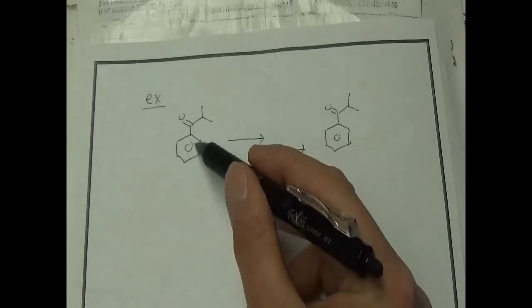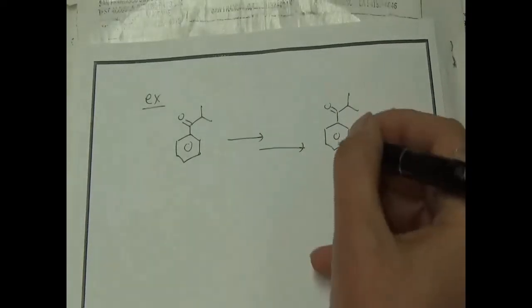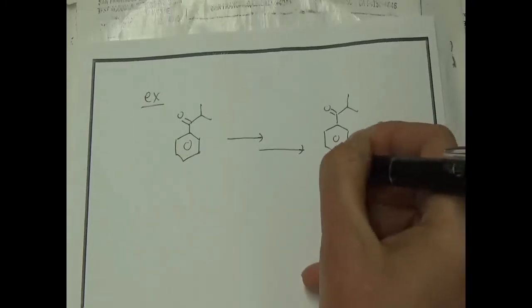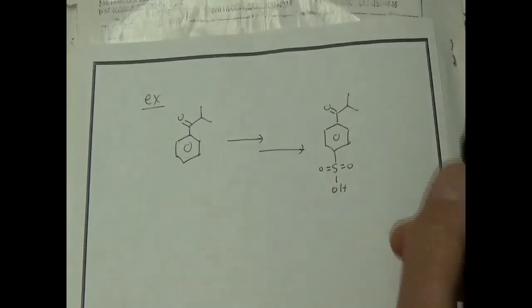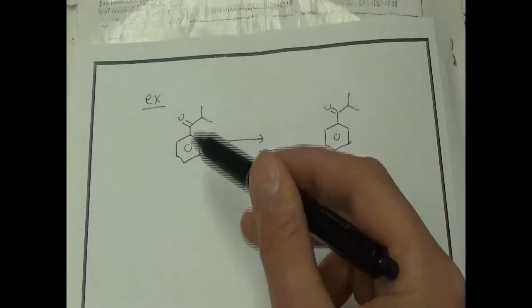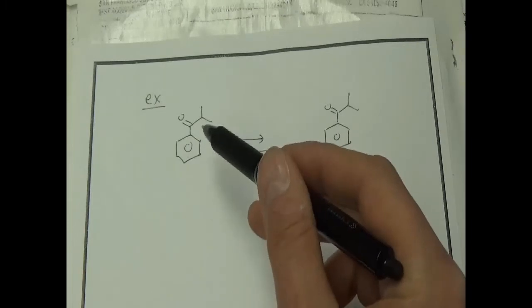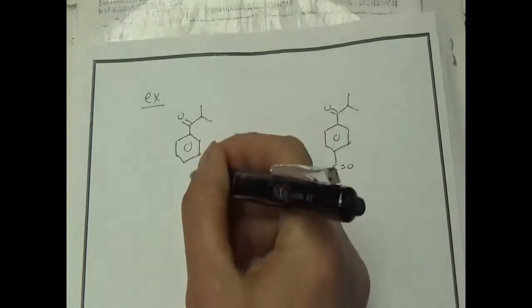Let's not add it to the meta position, because this is a meta director. We want it at the para position, so maybe I'll do sulfonic acid. Okay, so we can't do it in one step, because that is what kind of director? That's a meta. We need to temporarily turn it into an ortho-para director.